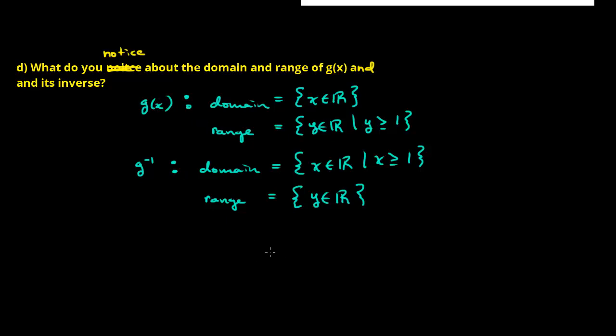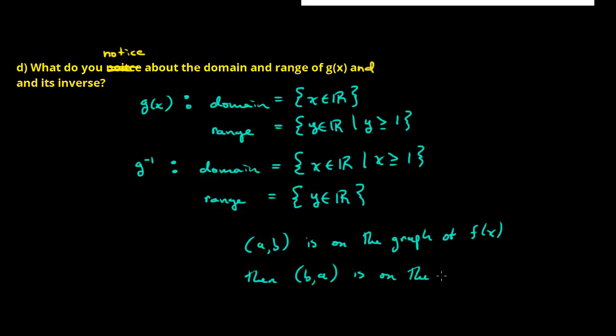Remember that if a comma b is on the graph of f of x, then b comma a is on the graph of its inverse, because to find the inverse, you just swap the x and the y values.